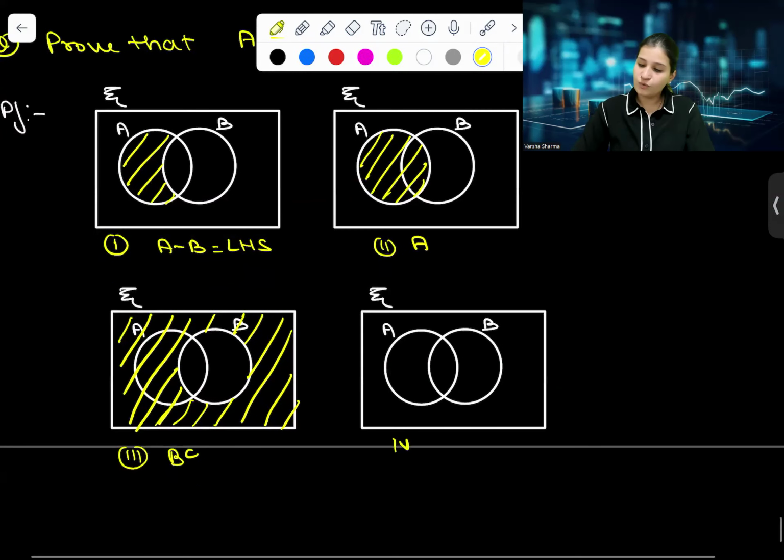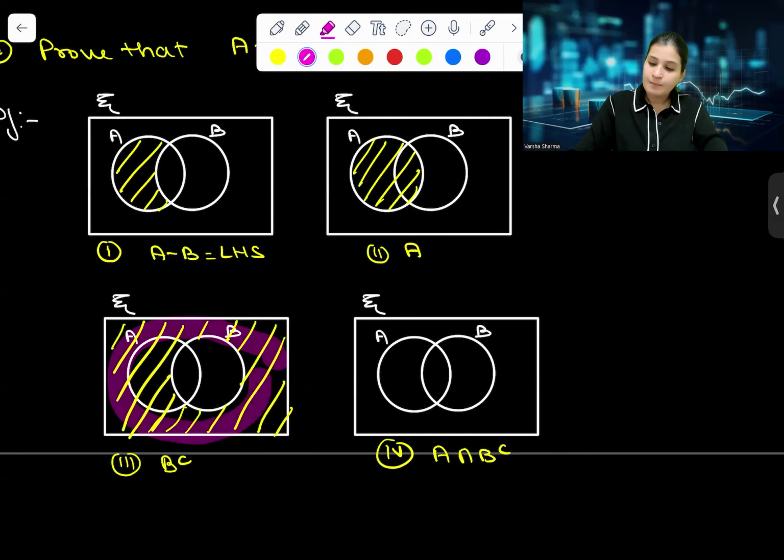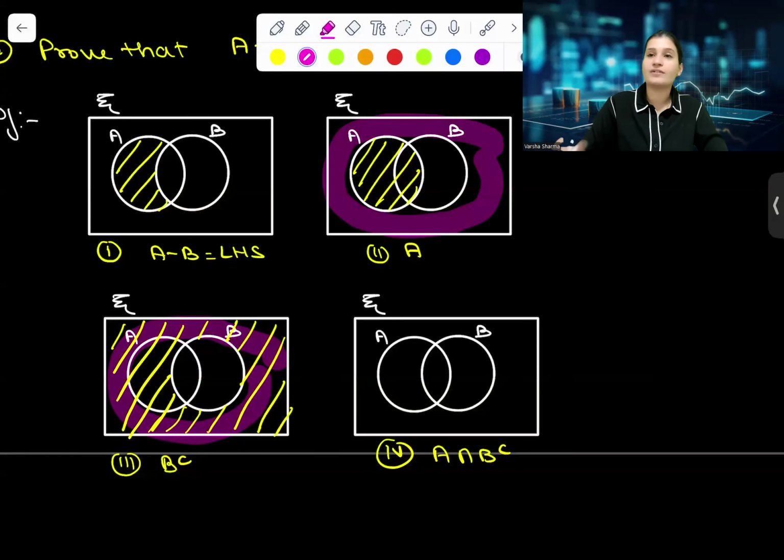Now, in the fourth one, A intersection B complement. So what I want is the common area between the second and the third. In the third, the outside region was shaded, but in the second, the outside region was not shaded. So the outside area can't be common between 2 and 3. Yes or no?